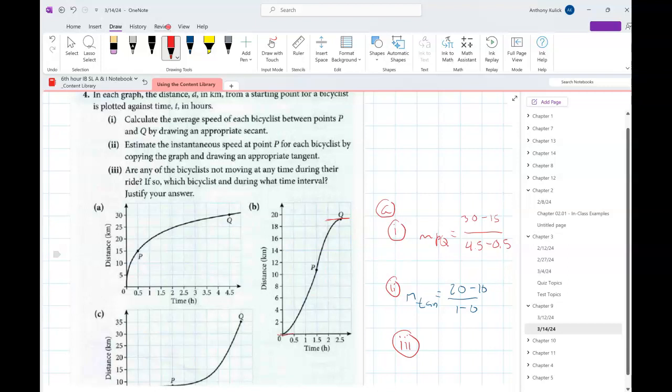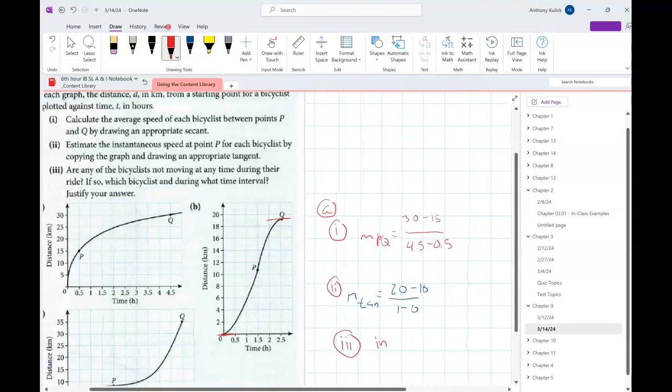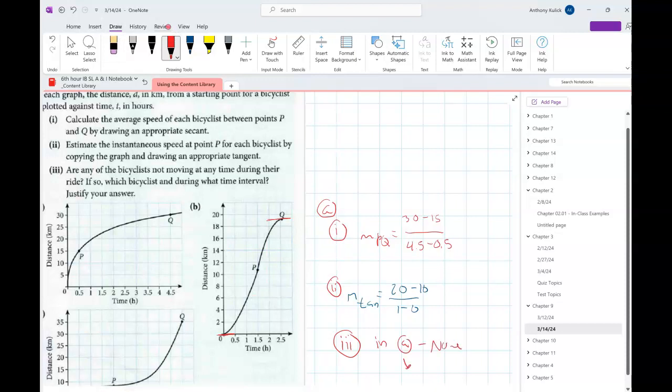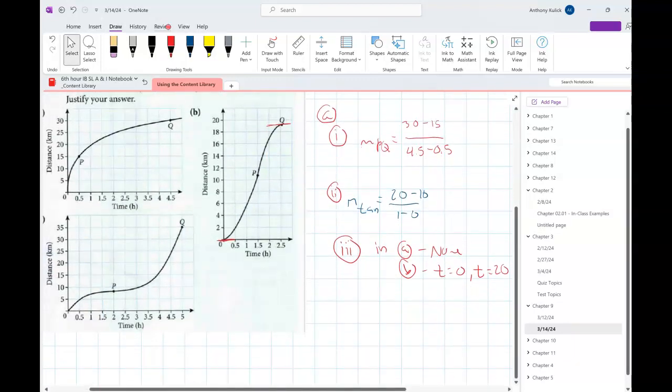And then similarly, if I drew the tangent at 0, that'd be a horizontal tangent. So just one specific time. These aren't intervals. Those are just going to be a discrete time period.